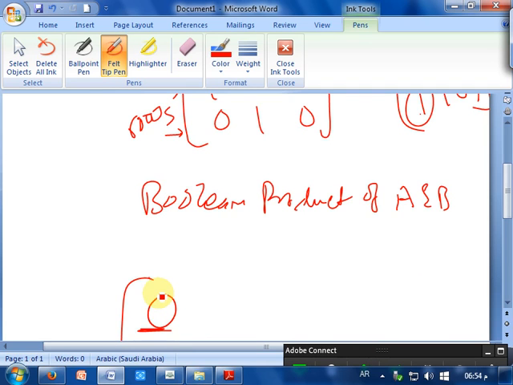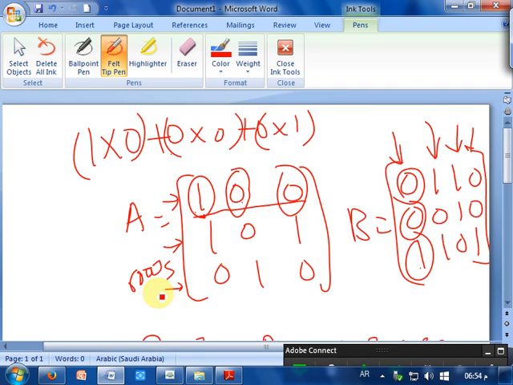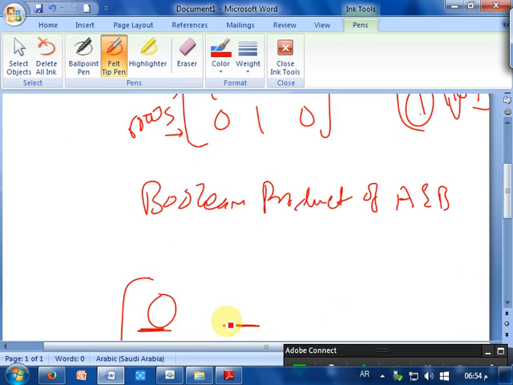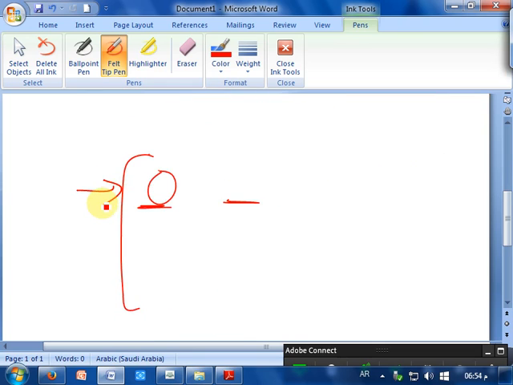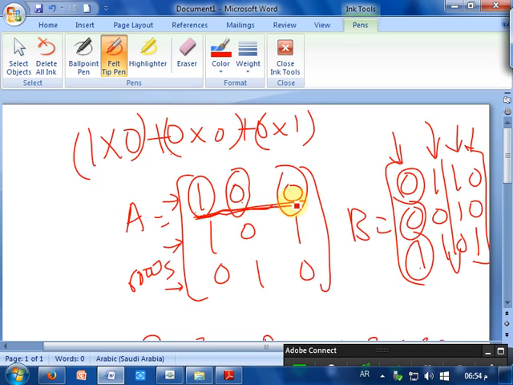First element. Second element, the same. First row, second column will give you the second element. You will get it by multiplying the first row with the second column. So it is 1 into 1 plus 0 into 0 plus 0 into 1.